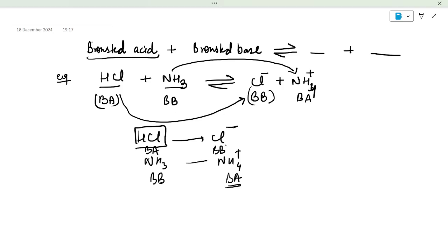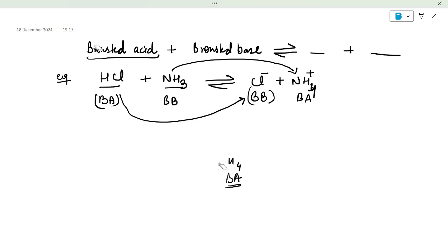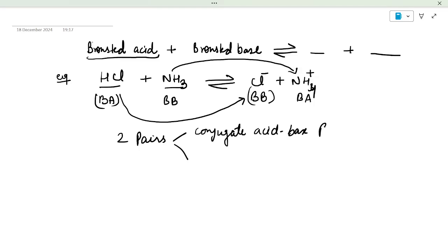So it means we are getting two pairs as a result. These are called conjugate acid base pairs. If a reaction occurs between a Bronsted acid and a Bronsted base, we get two pairs, which we call conjugate acid base pairs. This is pair number 1, and again we have conjugate acid base pair number 2.